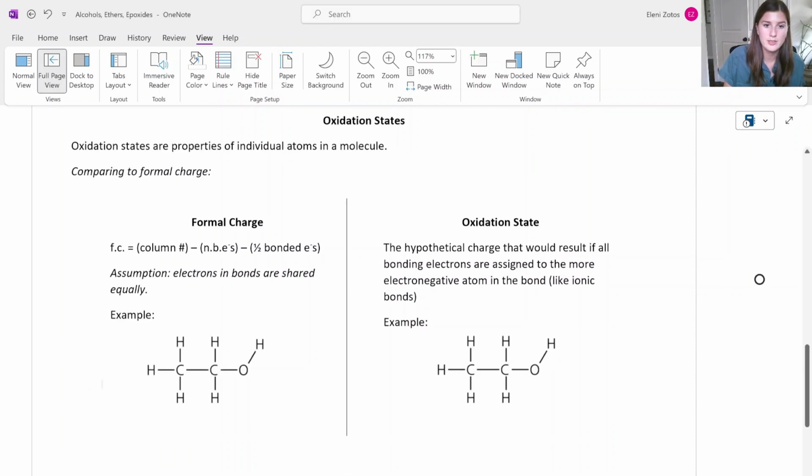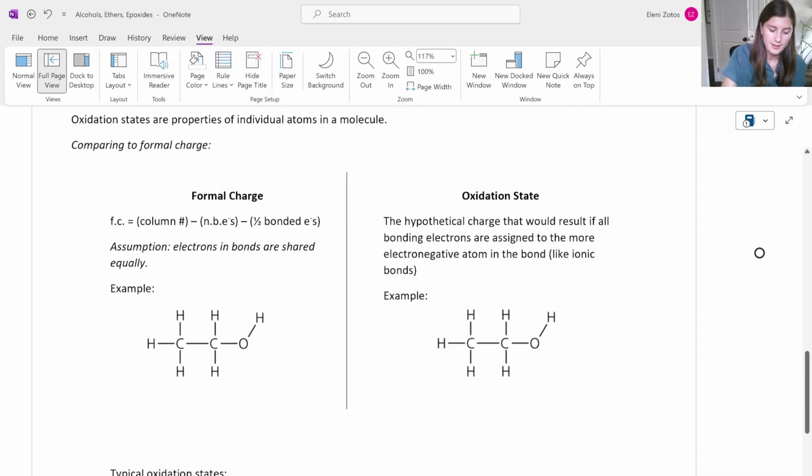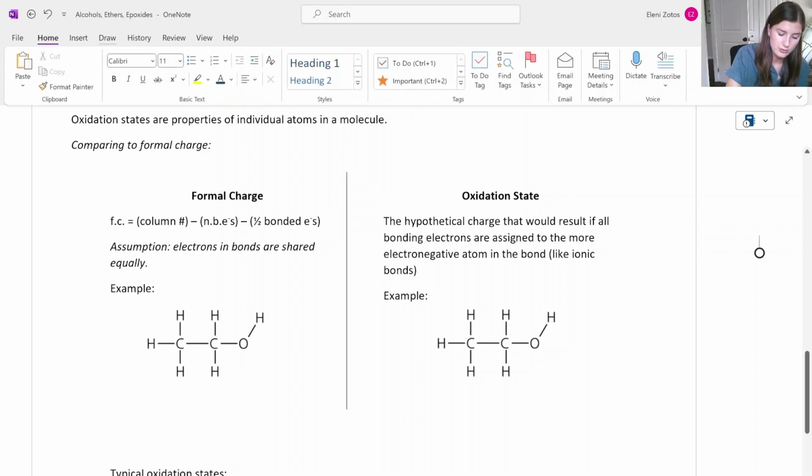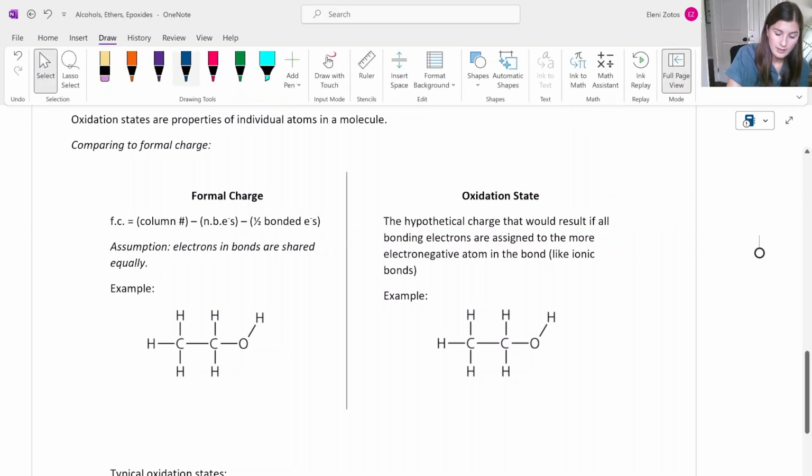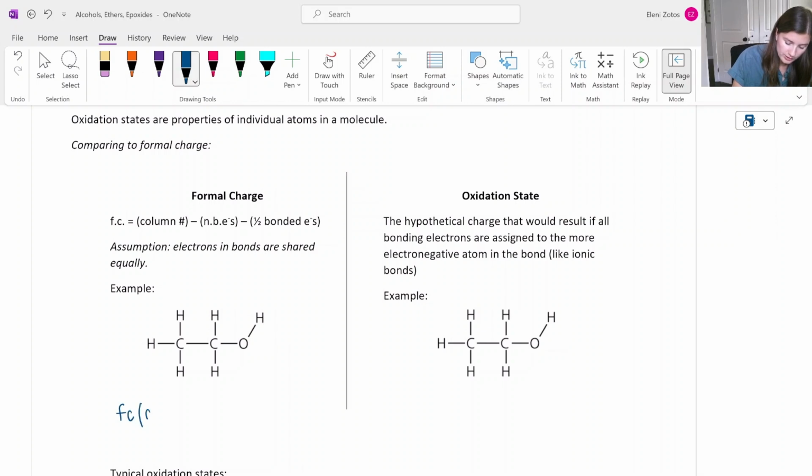So for example, if we look at this ethanol molecule, say we want to calculate the formal charge of the carbon that's bonded to oxygen. We say carbon is in column 4.